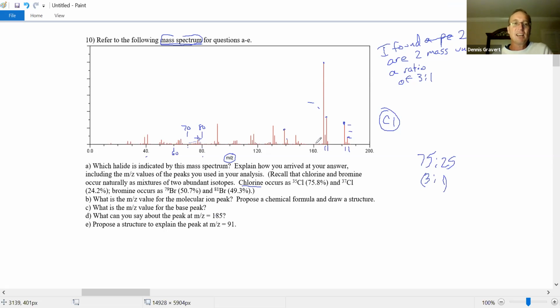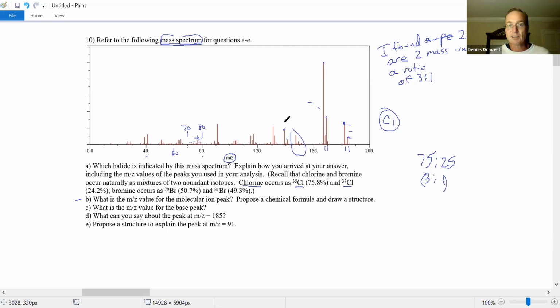Question B, what is the m/z value for the molecular ion peak? Okay, so let's use the information we had. These are both chlorine. One of them is chlorine 35. The heavier one, the isotope peak, is 37. The parent peak is supposed to have the most common isotopes. So what we do is, these peaks are in clusters, right?